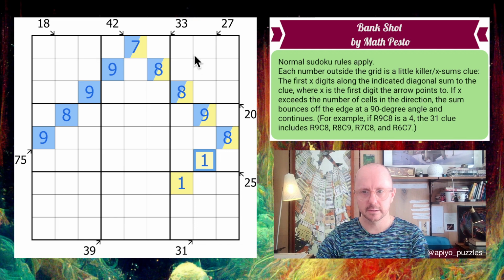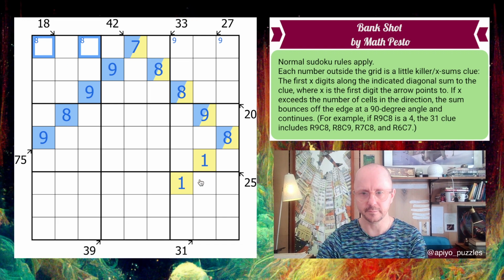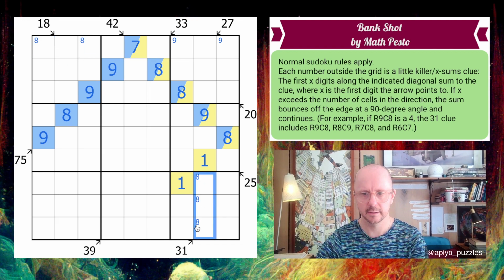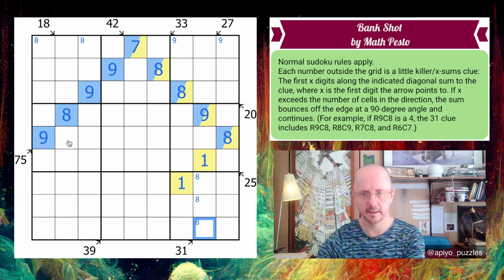Now I'll just do some Sudoku quickly. There's a 9 in one of those. There's an 8 in one of those. There's an 8 down there. That probably can't be an 8, but we'll come to that. That's about all we know.